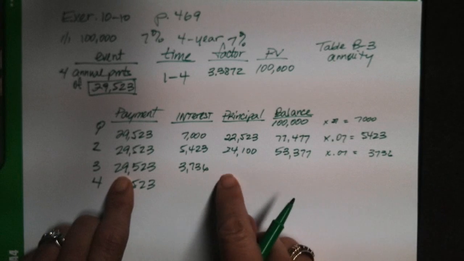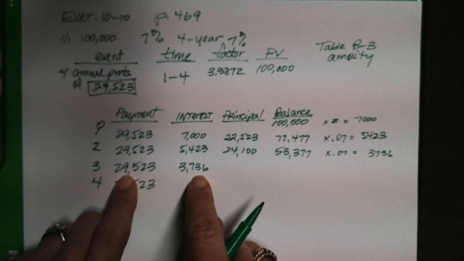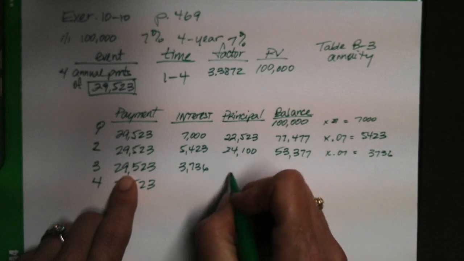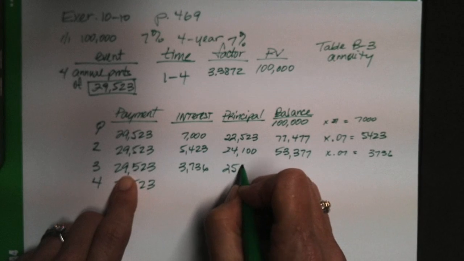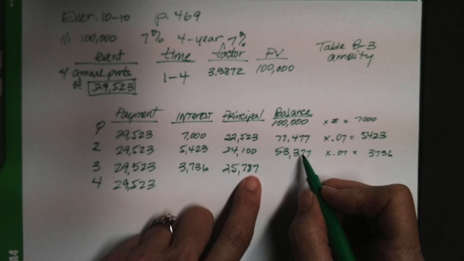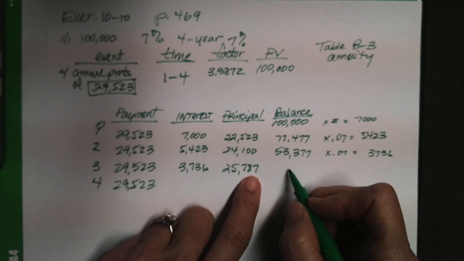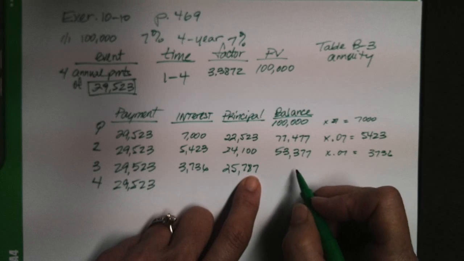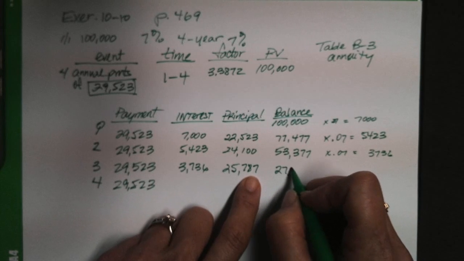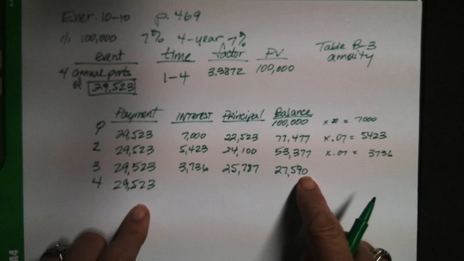Now take $3,736 away from the total payment, and $25,787 is getting applied to the loan. Subtract $25,787, and we end up with a balance of $27,590. That's all we owe in the last year.